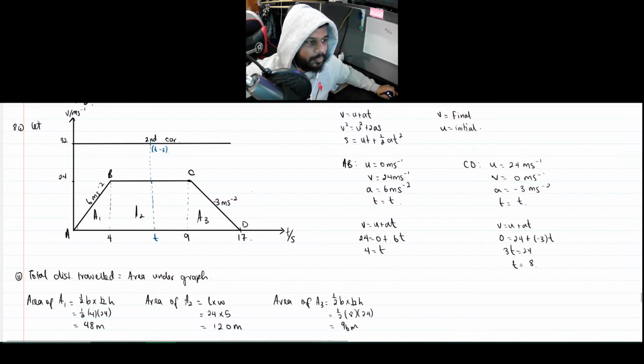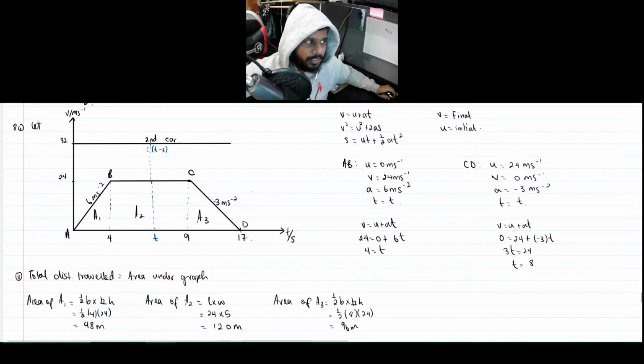Now for the first portion of the graph here, the distance traveled by the first car will be the area under the graph, which will be the area of the triangle plus the area of this rectangle here, where this is time t. So this triangle, we know how to calculate the area. This rectangle here, 24 multiplied by t minus 4 for my length.